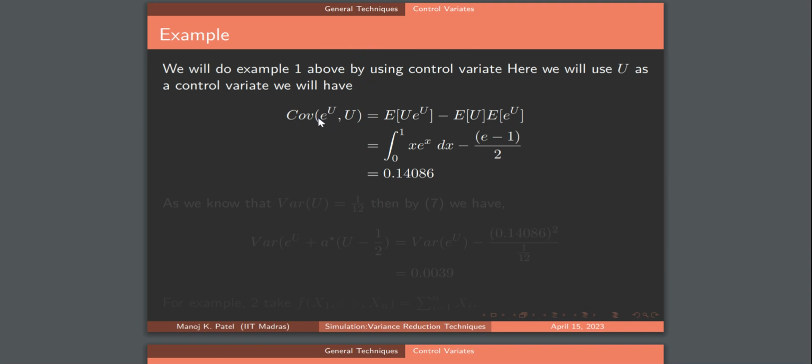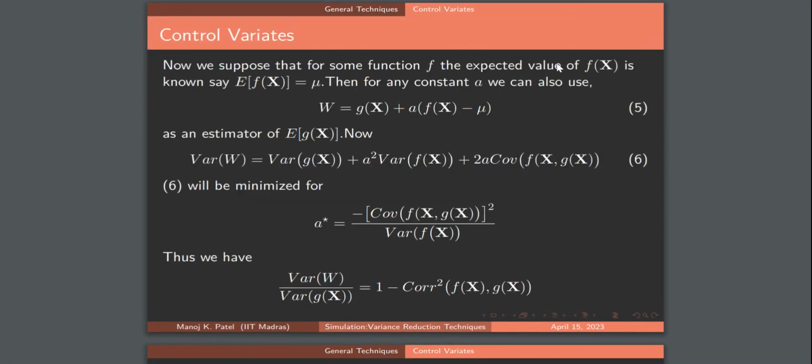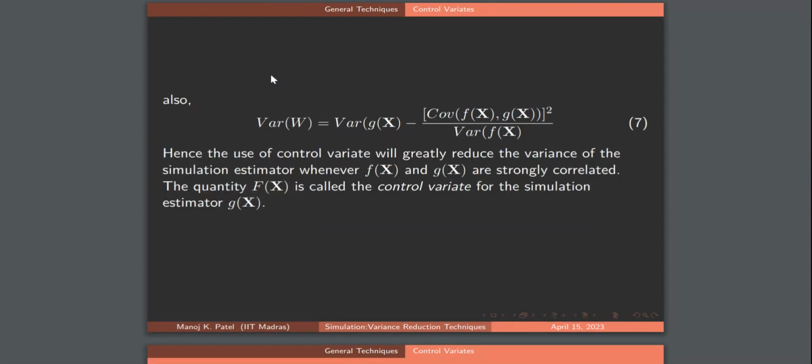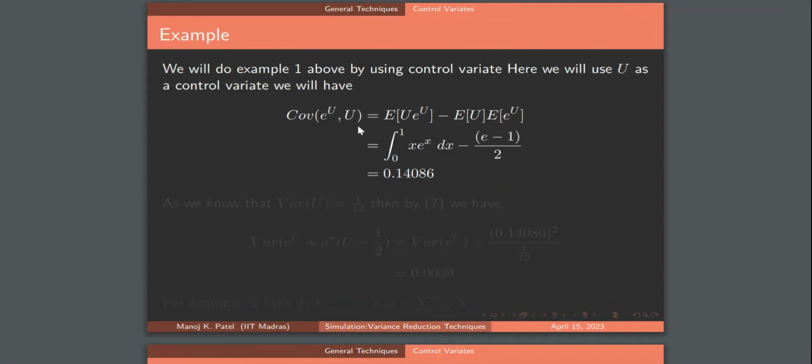g(x) is equal to e to the power x, and f(x) is equal to x. For g(x) we are taking the exponential of x, and we are taking f(x) equal to x. So we are calculating the covariance between g(X) and f(X).